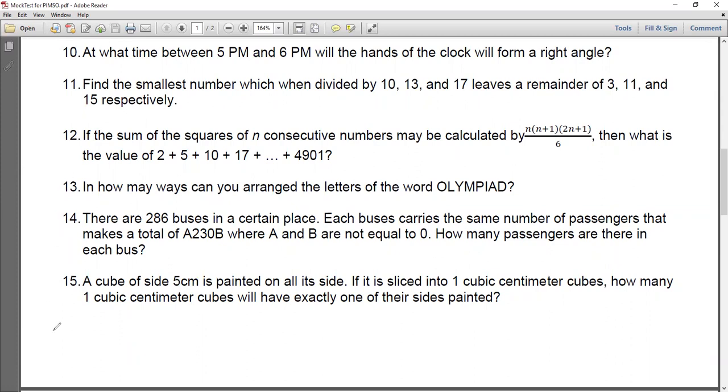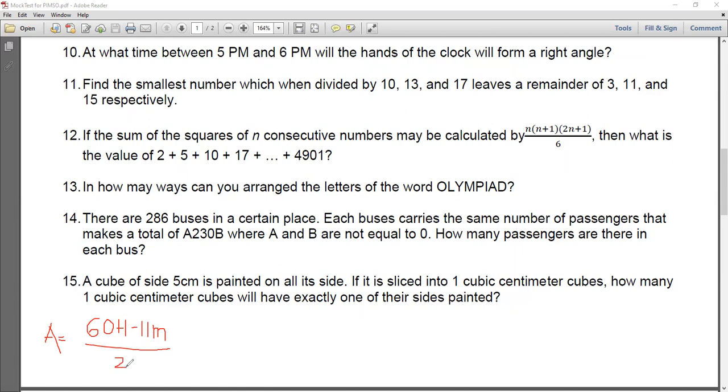If you still remember the formula for that one, that is the angle. Do you still remember the formula? Not that much. It is 60H minus 11M over 2. H is the hours, M is the minutes.